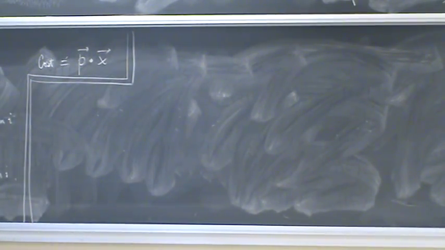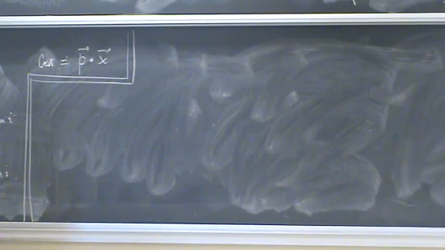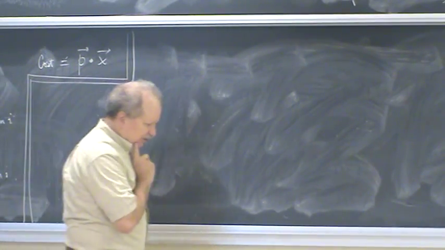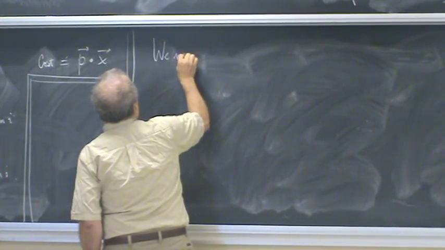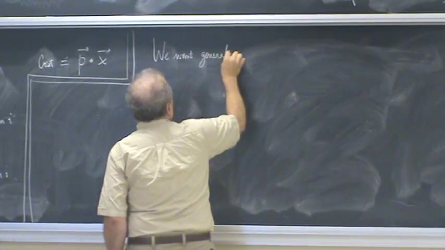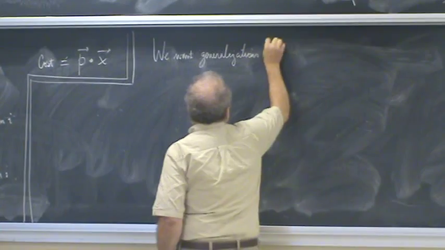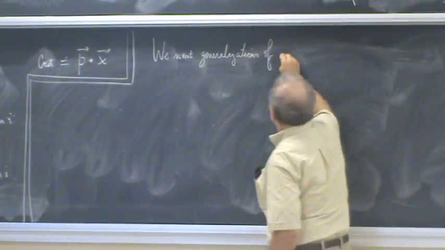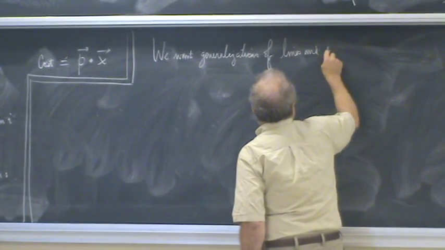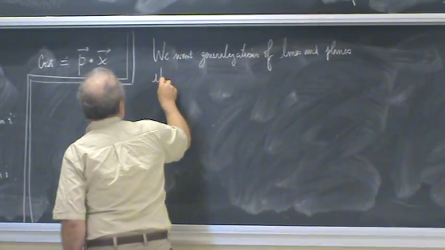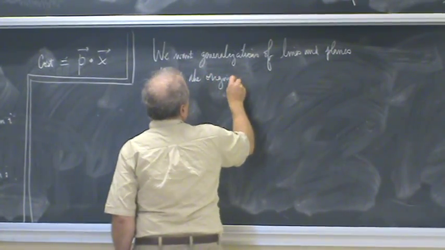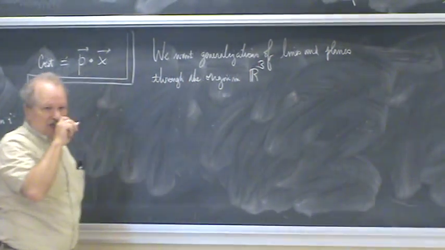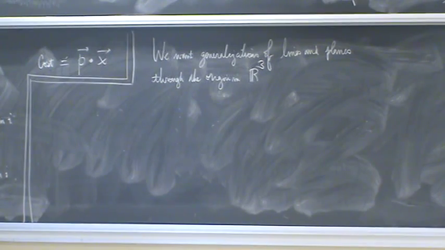Okay. So we're moving on to do the main concepts in linear algebra at this point, and basically we're going to want to have the notion of generalizing lines and planes, which for now I'm going to say through the origin, in R3, and we want to do generalizations of those to Rn.